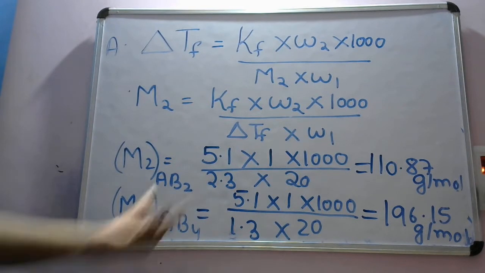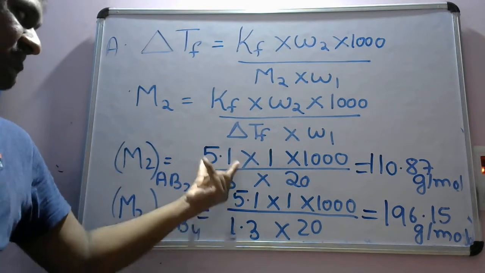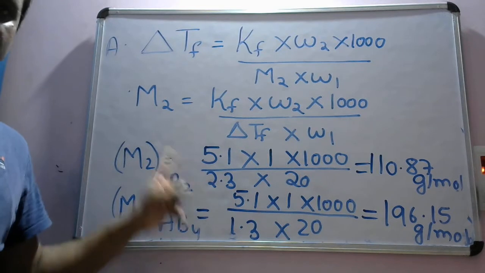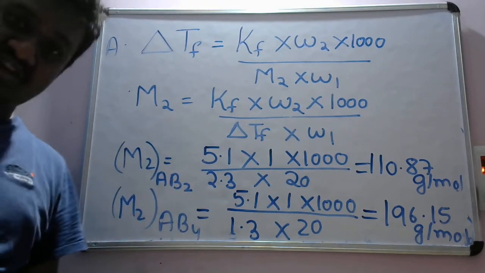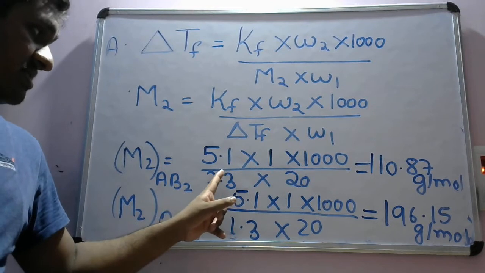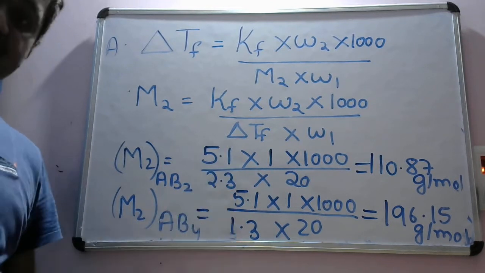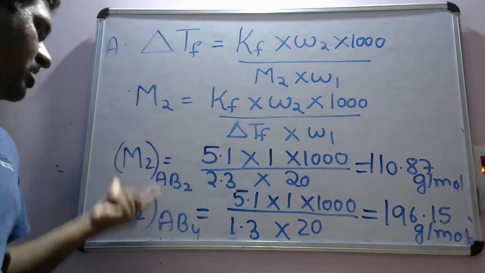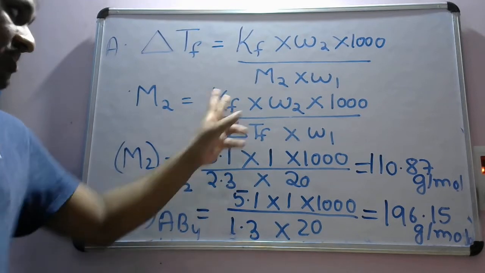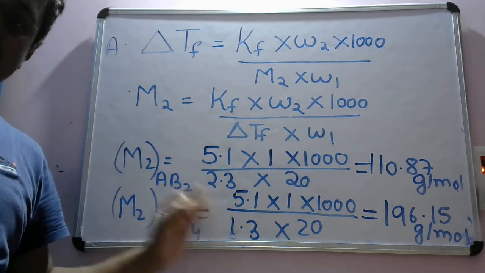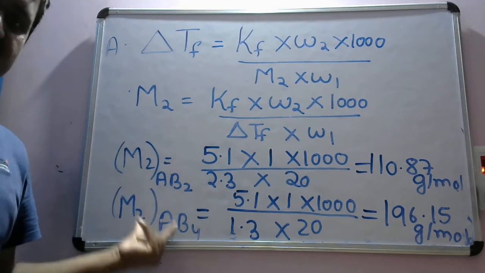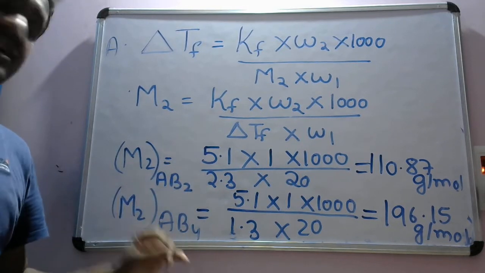Since the depression in freezing point value is different in both cases, that is why the molar mass is also different. Even though the rest of the quantities are the same, since delta TF is varying, the molar mass of AB2 and AB4 is also varying.